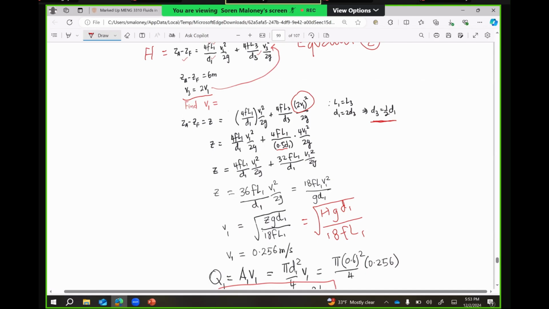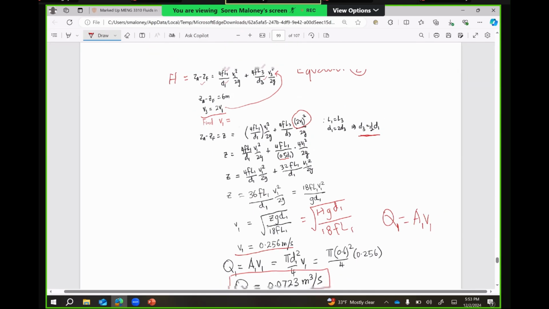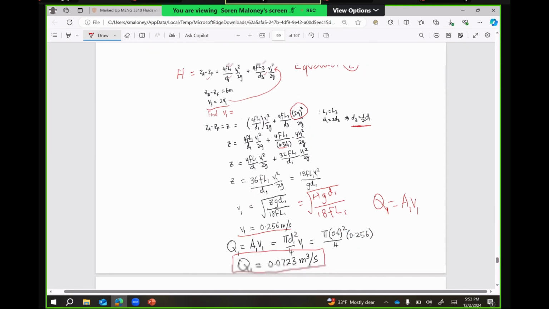We know what F is. We know what L1 is. So we can find V. And once we have V, we know that Q is equal to A times V1, A1 V1. And we can find the total discharge, which is Q1. And now we have our value for Q.